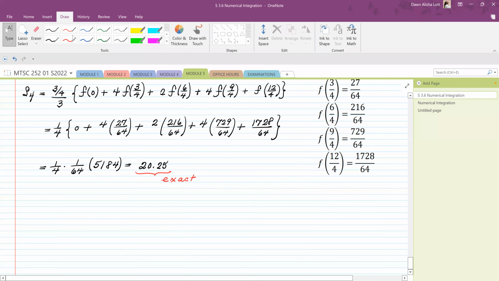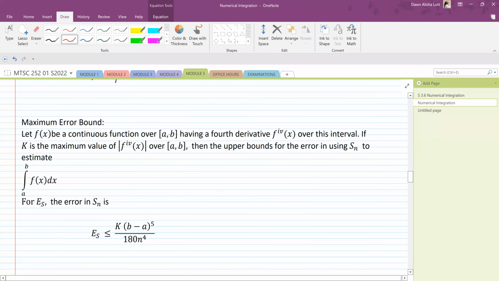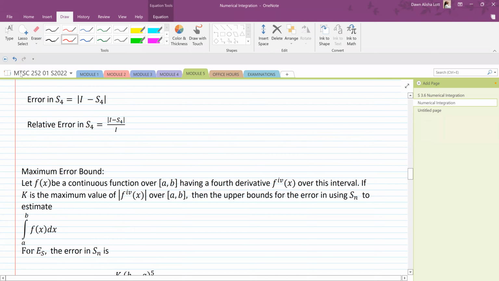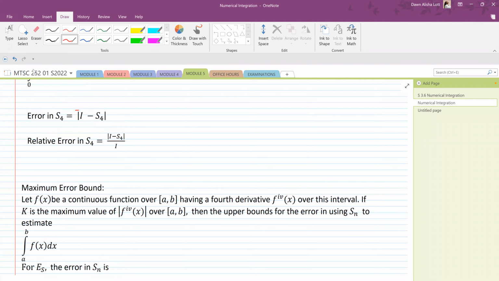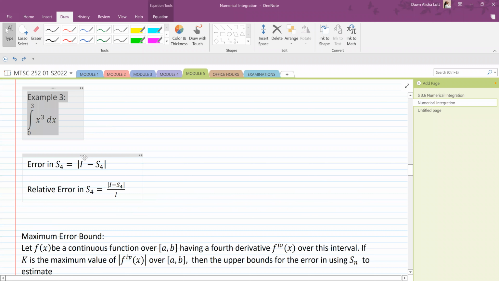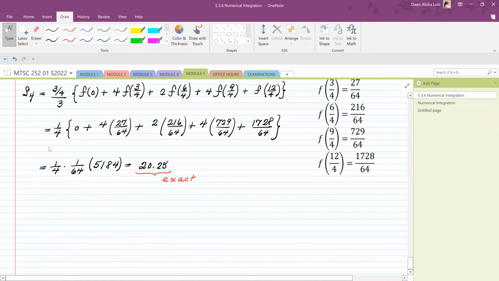So here the error for this problem turns out to be 0. And here's the reason why.